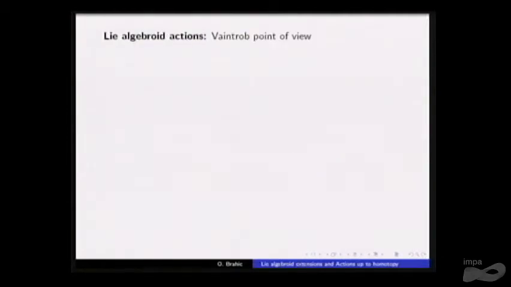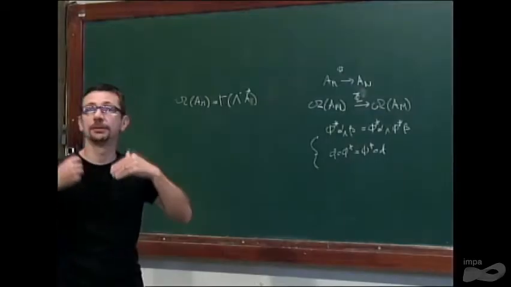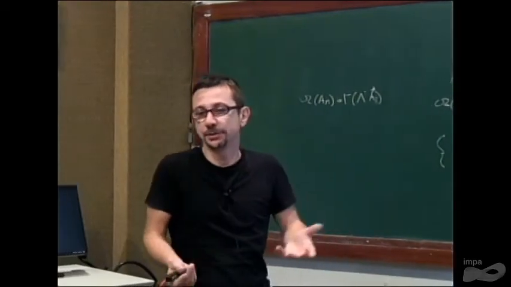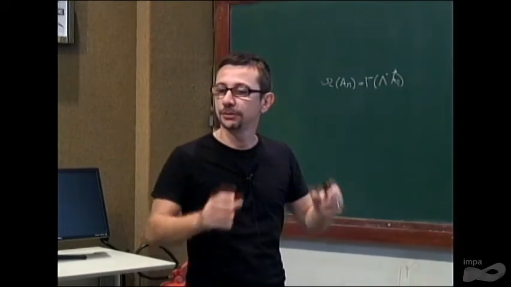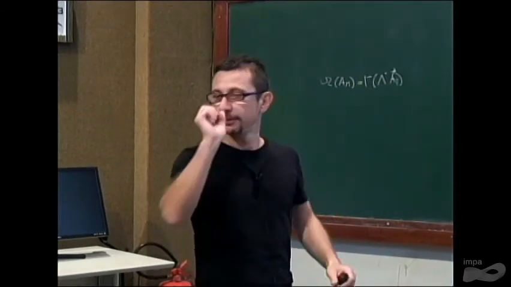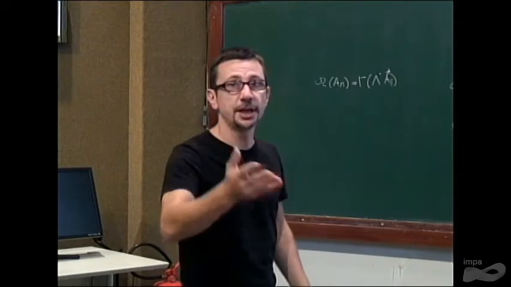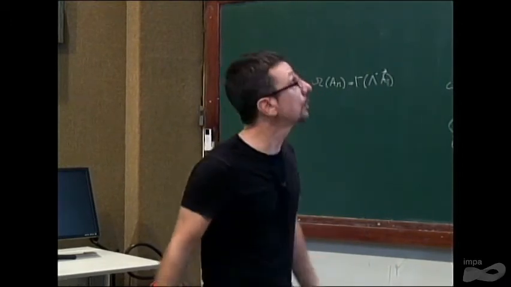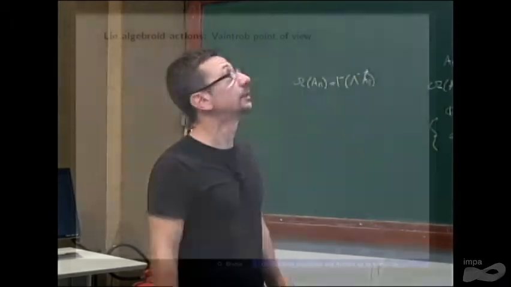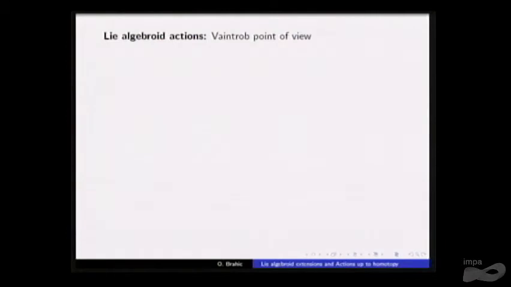Let me talk a bit about the algebroid actions, from this point of view that I was explaining, because it becomes a leitmotif at some point. You see an algebroid, and you try to think of it in terms of DGA. So if you want to describe an action of an algebroid, maybe you should see it as a DGA.